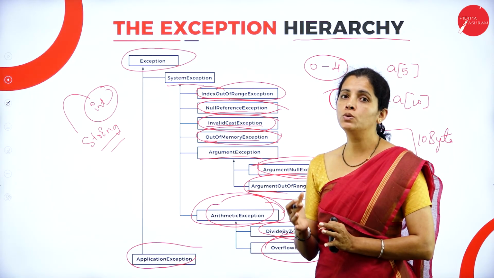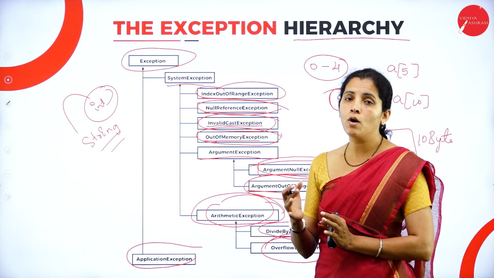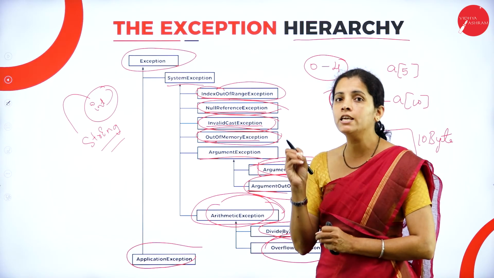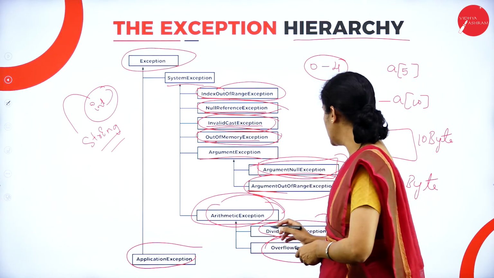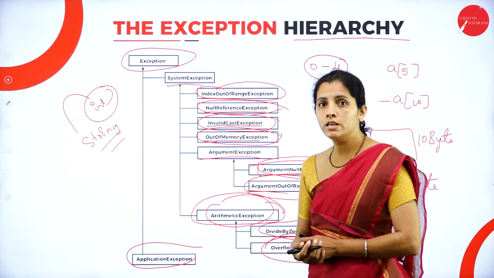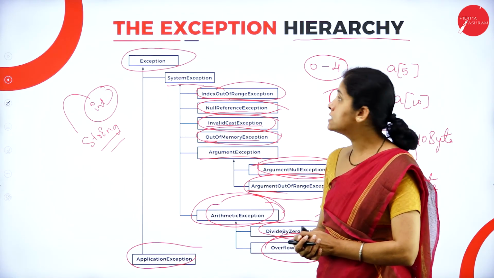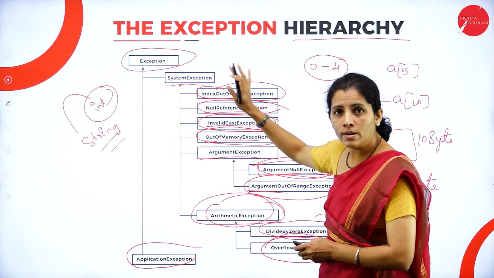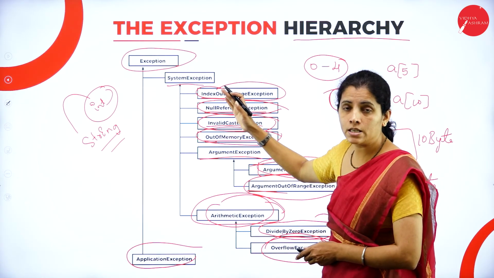And who is going to throw the exception? That is none other than the try block, which throws the exception that is handled by the catch block. And what kind of exception? That is nothing but the divide by 0 exception. So these are some of the exception hierarchy, and these are the commonly occurring exceptions in our C# programming language.